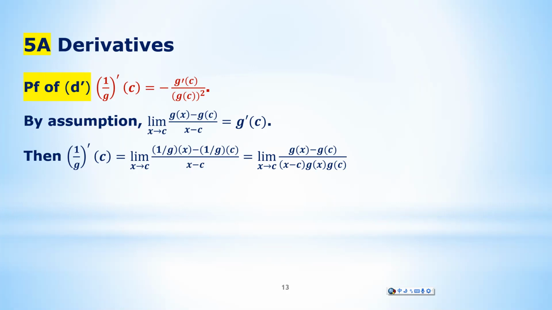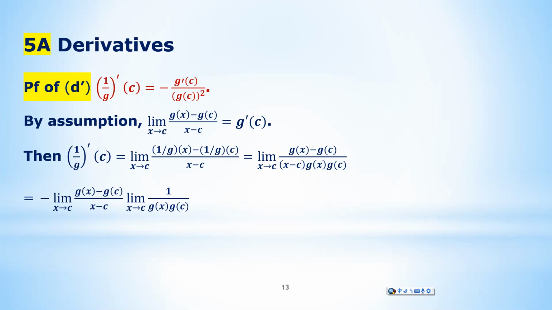Then you end up with a new fraction, which is Gc minus Gx on the top, and the bottom is x minus c, then Gx Gc. I think I missed the minus sign here. There's supposed to be a minus sign there.